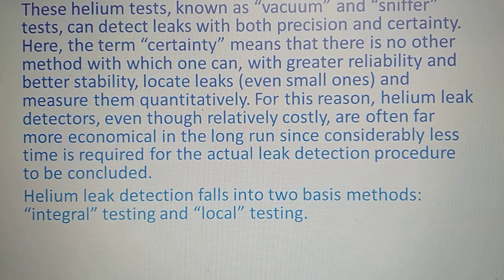Even small holes can be detected using this test, and it measures quantitatively, not only qualitatively. For this reason, helium leak detectors, even though relatively costly, are often far more economical in the long run, since considerably less time is required for the actual leak detection procedure.